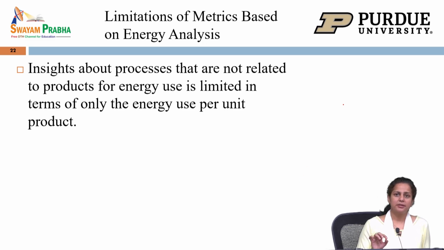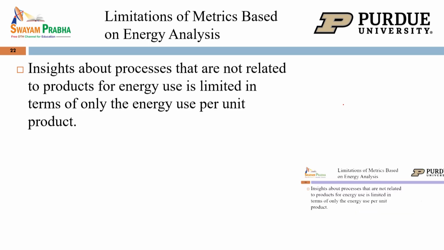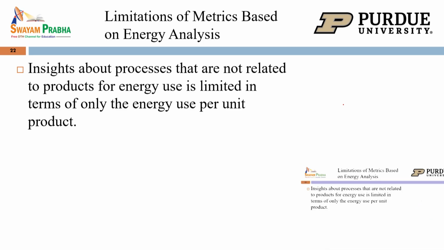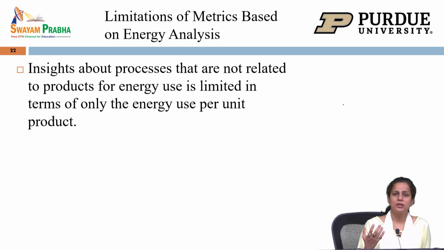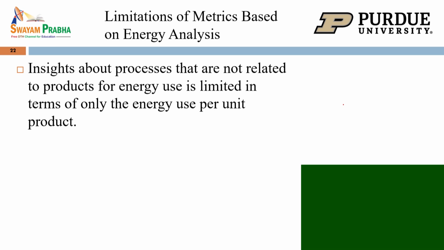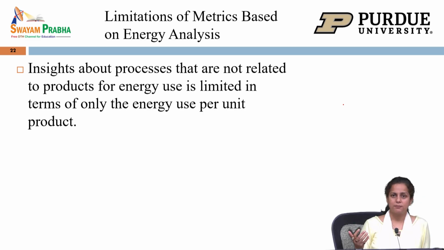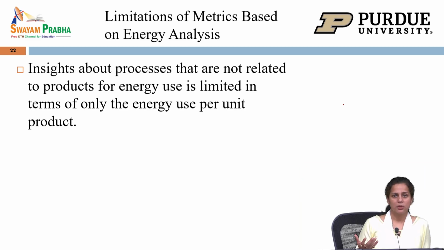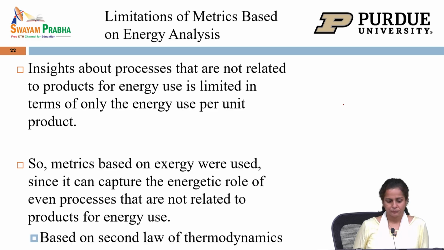This energy analysis is mostly useful for processes that are related to products with fuel value. If your products are not for energy use, then we are limited only to understanding how much energy use per unit product is being done and not really understanding the real sustainability challenges, because we are not able to distinguish the energy profitability of the system.